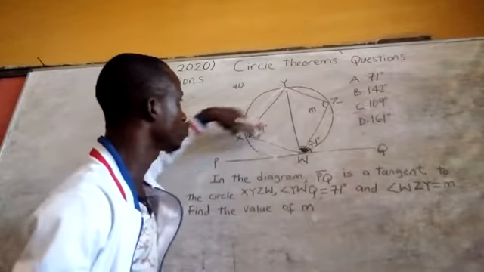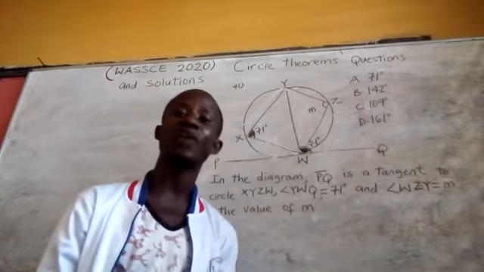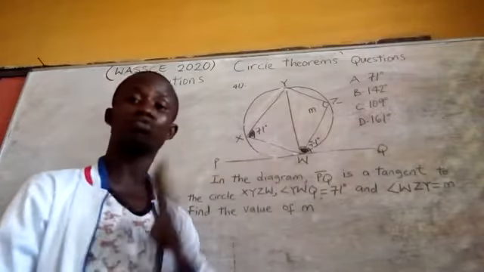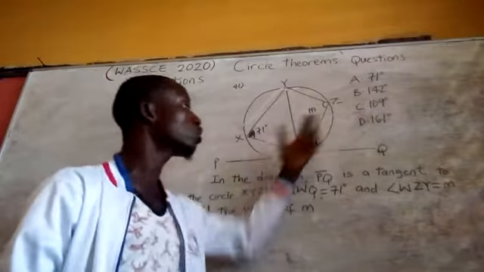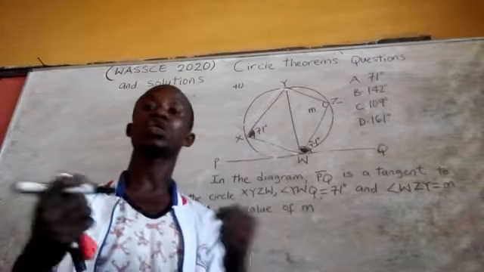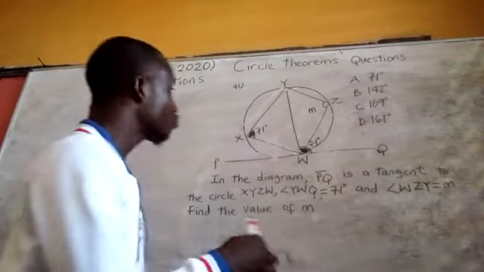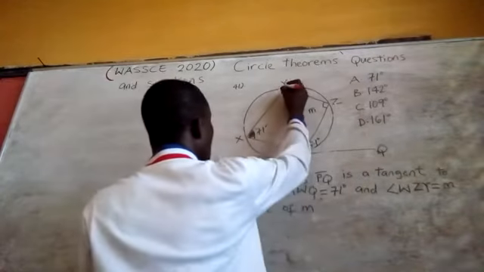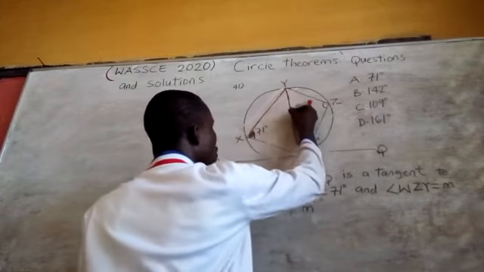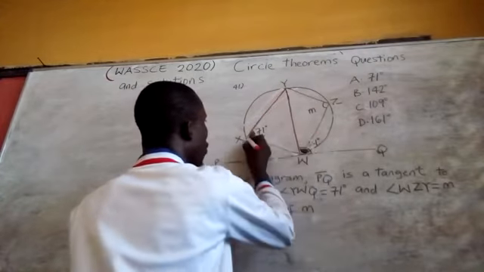To easily identify the alternate segment theorem, you check for a tangent line, one, you check for a chord, two, and you also check for an inscribed triangle. So this triangle is inscribed within a circle, so we call this a cyclic triangle.